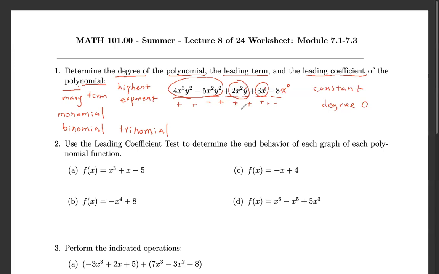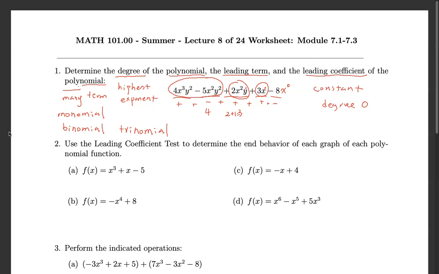So the degree of this term is 3 because 2 plus 1: the exponent of x is 2, the exponent of y is 1, 2 plus 1 is 3. The degree of this term is 4, because x squared and y squared, 2 plus 2 is 4. And the degree of this term is 5, 3 plus 2 is 5.